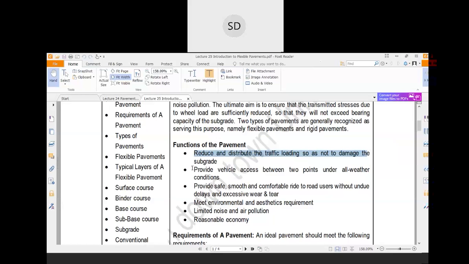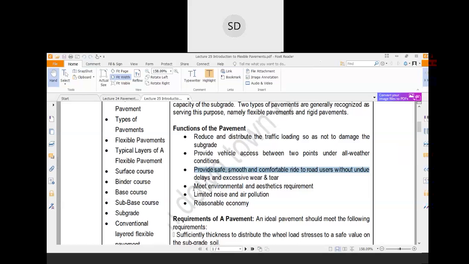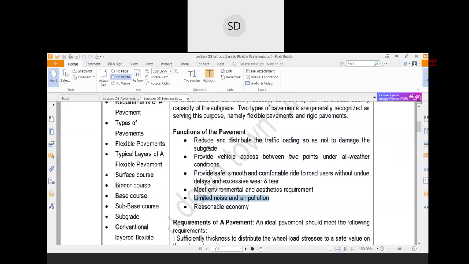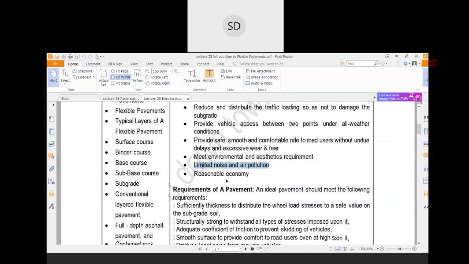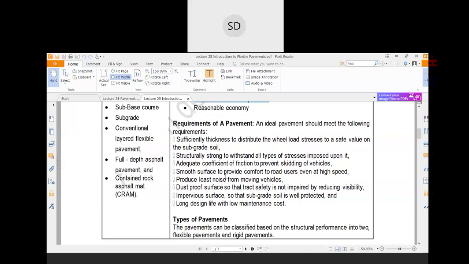Suppose there are two destinations; you need to connect these two in such a way that it is accessible throughout the year. Then, provide a safe, smooth, and comfortable ride to road users without undue delays and excessive wear and tear. Then meet any environmental and aesthetic requirements, limited noise and air pollution, and reasonable economy. So these are the different functions of the pavements.